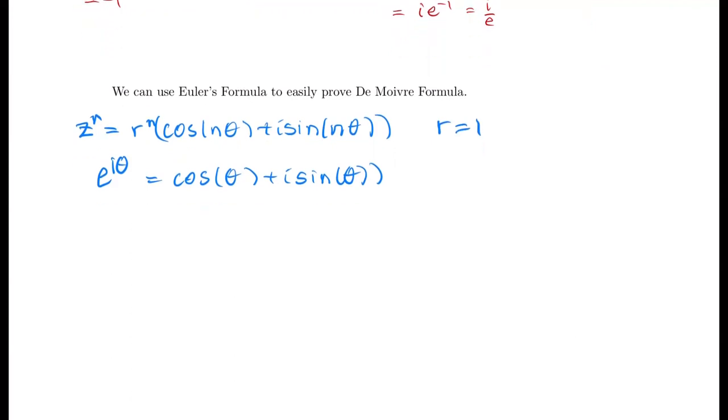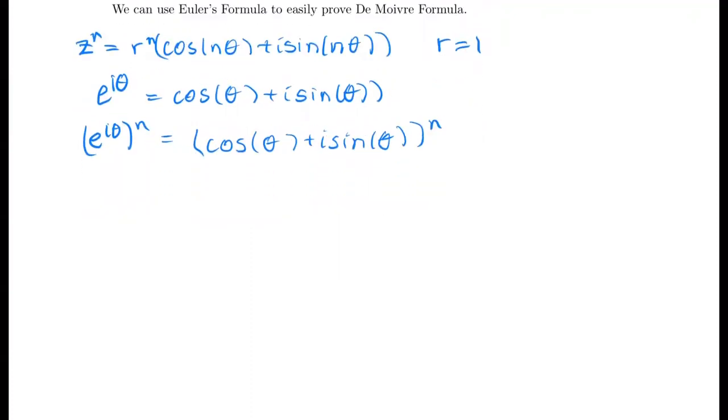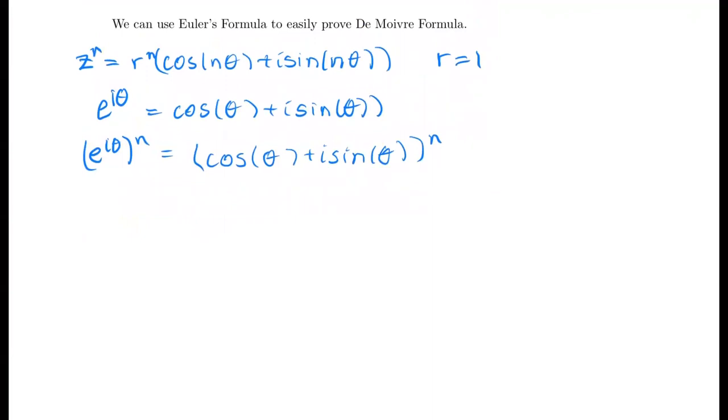So if I raise both sides to the power of n, e to the power i n theta is also the same as saying cos theta plus i sine theta to the power n.